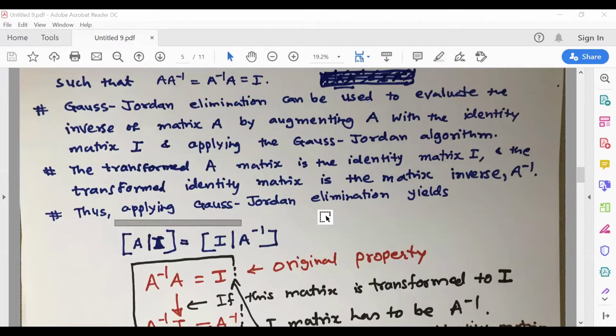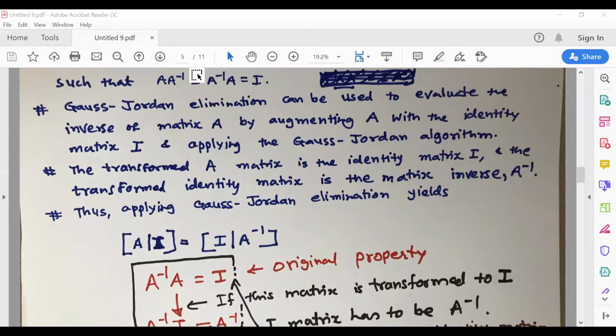Our objective is to perform the operation in such a way that we get the inverse of A and not the solution. Solution is something where you are finding unknowns, that is x1, x2, x3. But finding the inversion is a different process. So I want A inverse by applying the Gauss-Jordan algorithm.